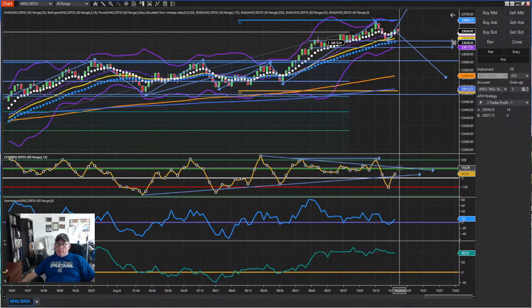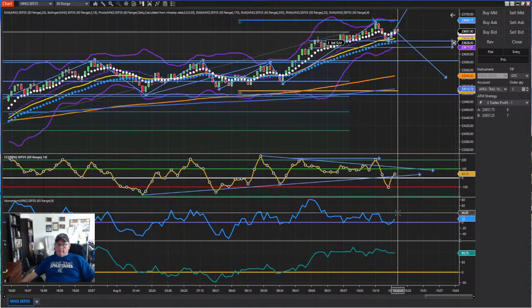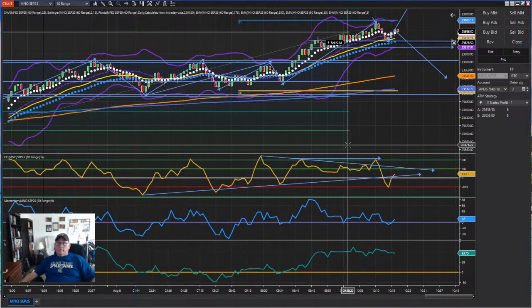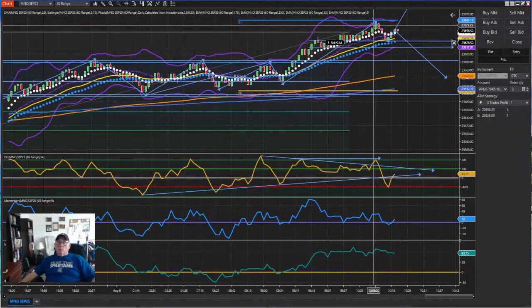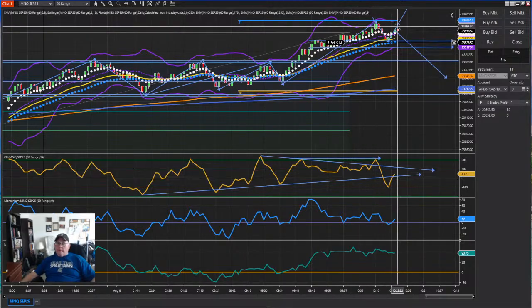Have a buy above the 100 level. It's a very weak up move right now.